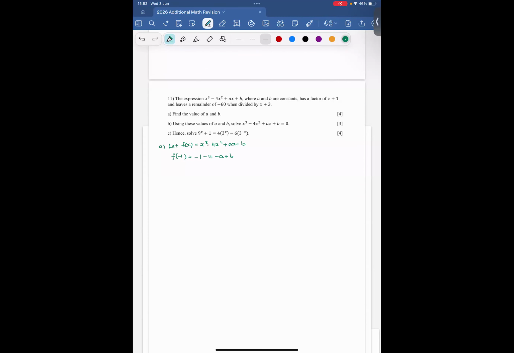So we know that x - 1 is a factor, so this will be equals to 0. Make it nicer, minus a plus b, make b the subject. b equals a + 5. Equation 1.